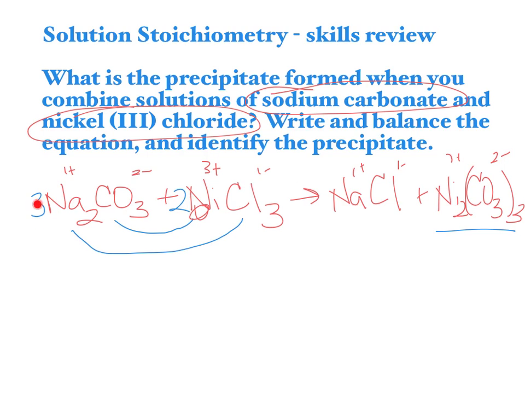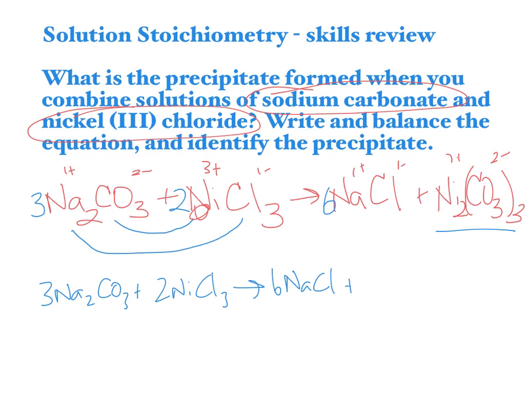Now on this side, I've got 6 sodiums, and on this side, I've got 6 chlorines. So this equation will balance out nicely if I just put a 6 there. So, ugly: 3 Na2CO3 plus 2 NiCl3 yields 6 sodium chlorides, NaCl, and 1 of these monstrous nickel carbonates, Ni2(CO3)3.